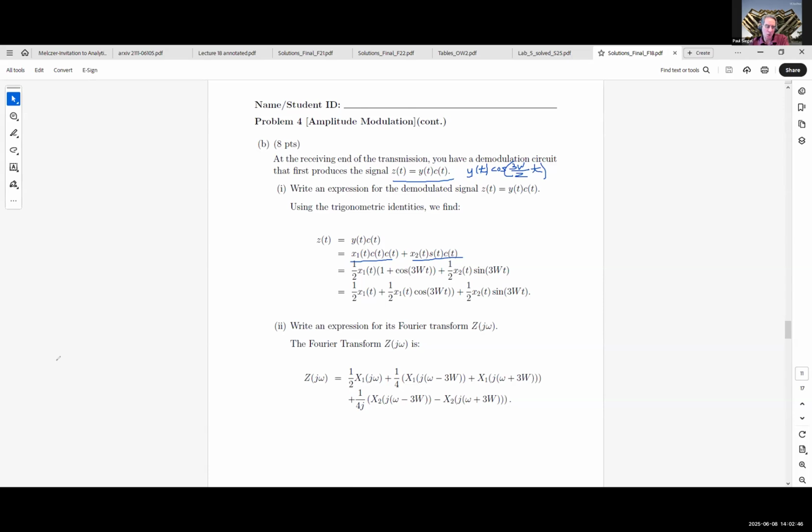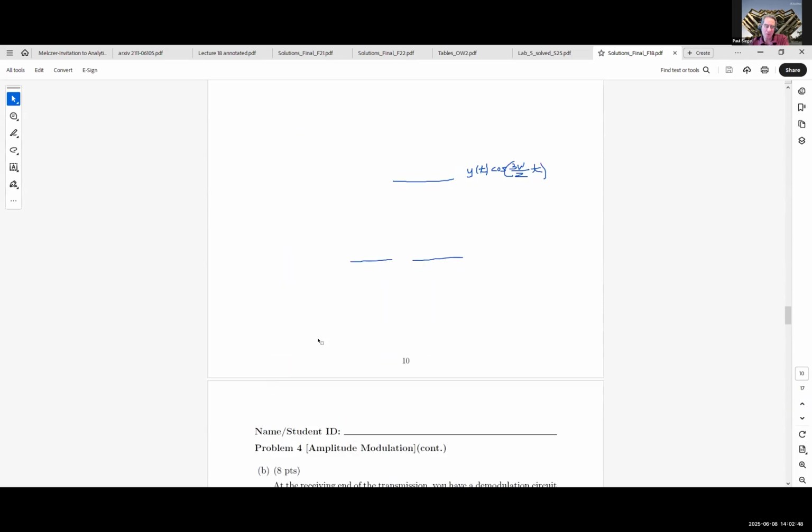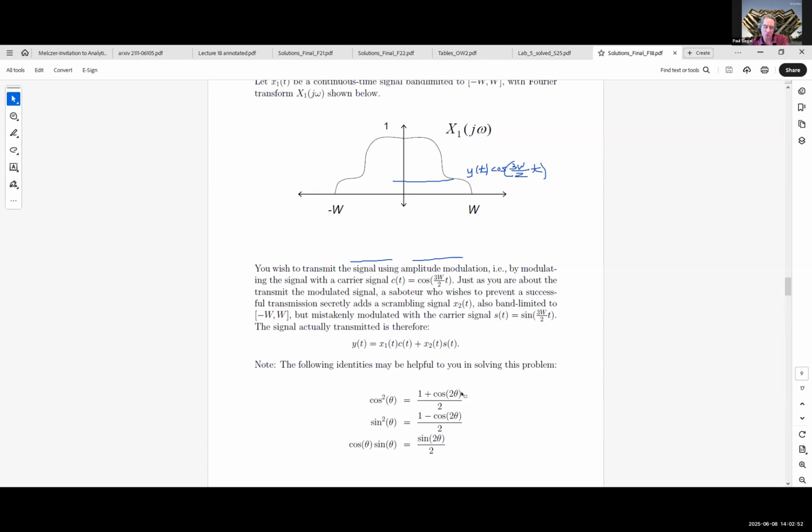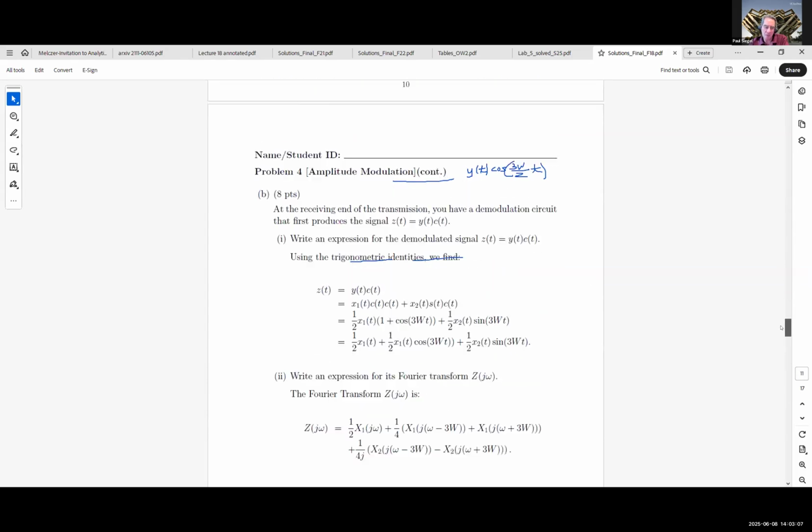And the identities were that when you take the product of cosines, cosine squared, you get 1 plus cosine 2 theta over 2. So we'll be using that identity. And then we'll be using cosine times sine, which is sine of 2 theta over 2.